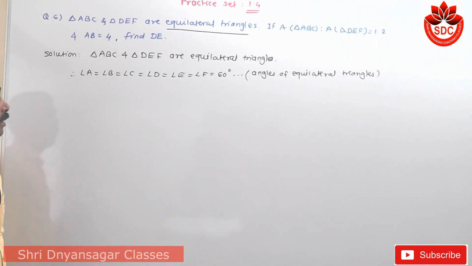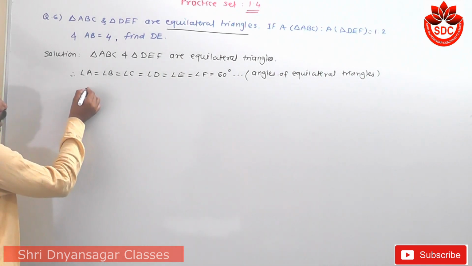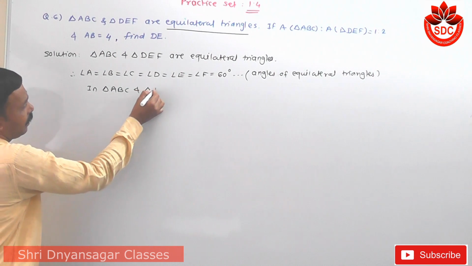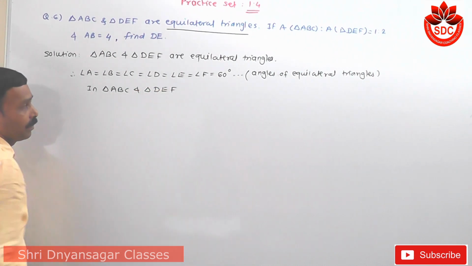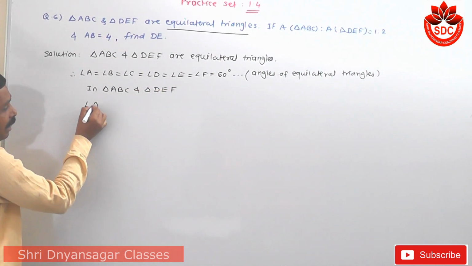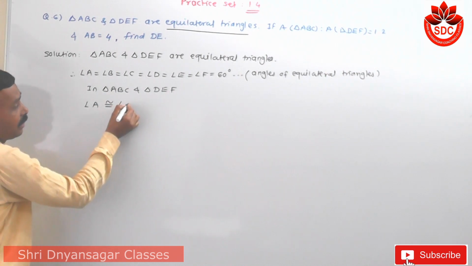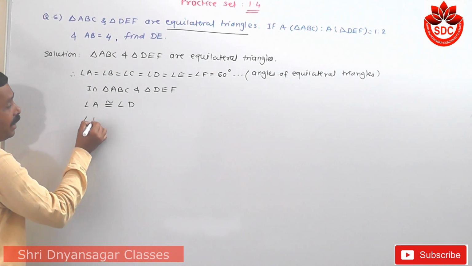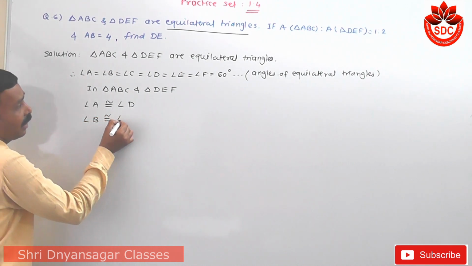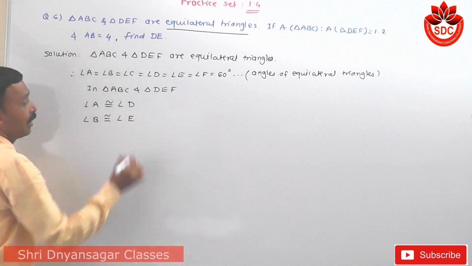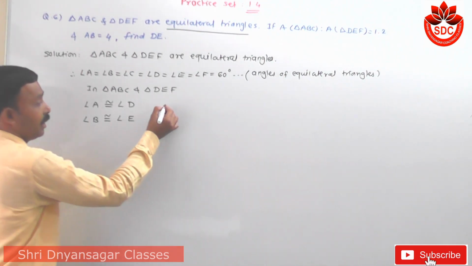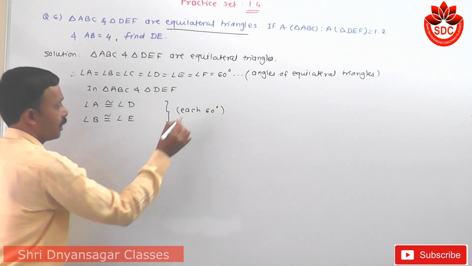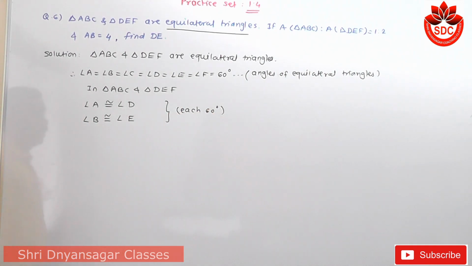Now, therefore, in triangle ABC and triangle DEF, I have to take angle A is congruent with angle D, taking corresponding angles, and angle B is congruent with angle E, because each has measure 60 degrees.